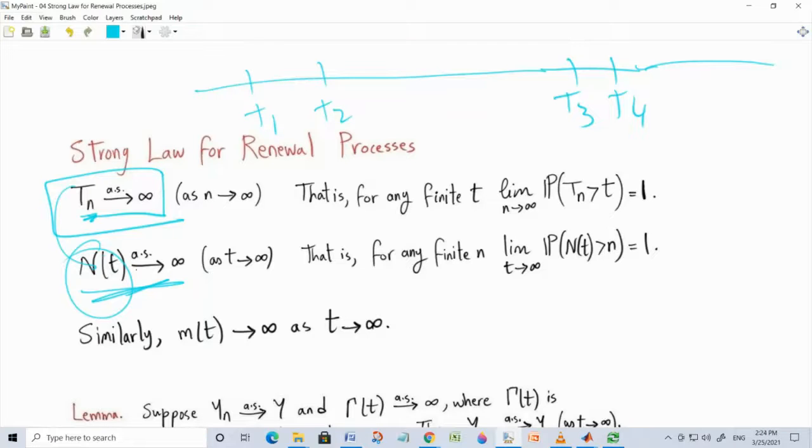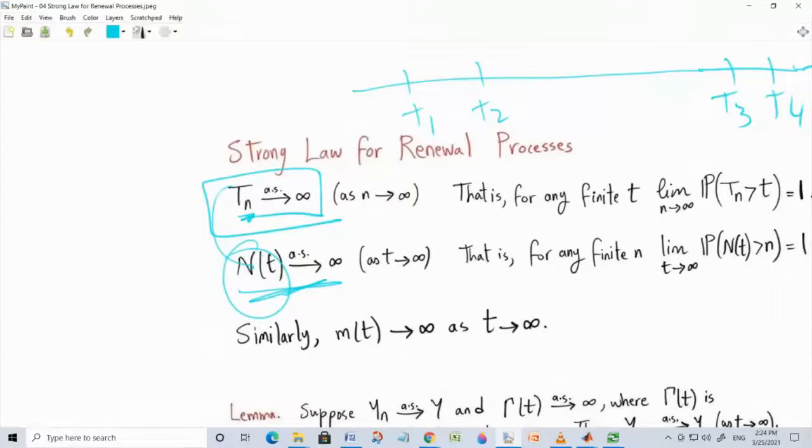But we are dealing with N(t). So let me write this here.